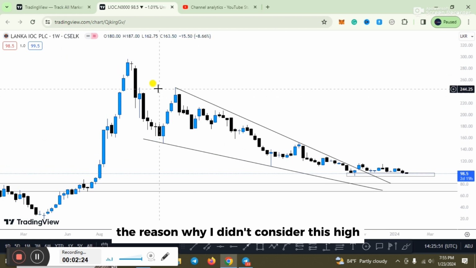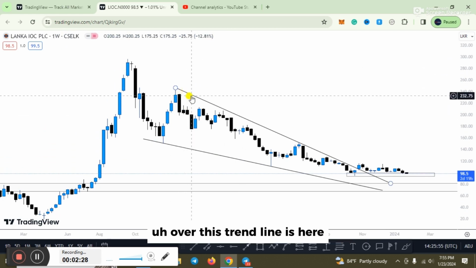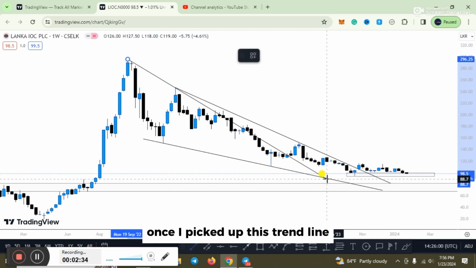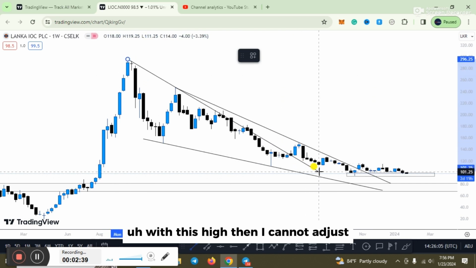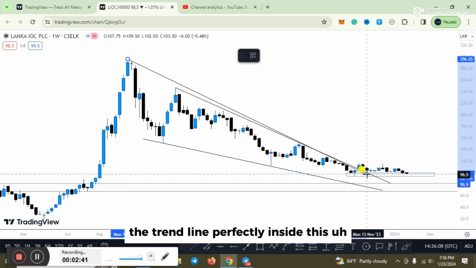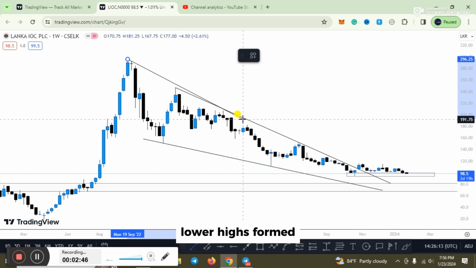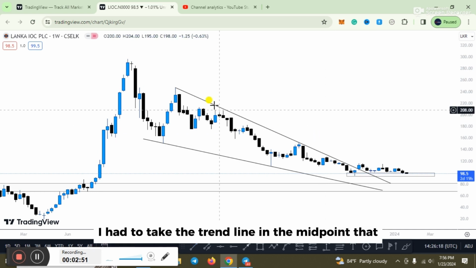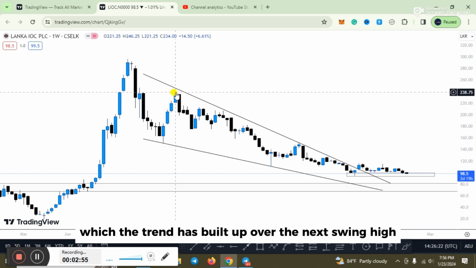The reason why I didn't consider this high over this trend line is that once I picked up this trend line with this high, I cannot adjust the trend line perfectly inside the lower highs formed. So I had to take the trend line at the midpoint, over which the trend has built up over the next swing high.